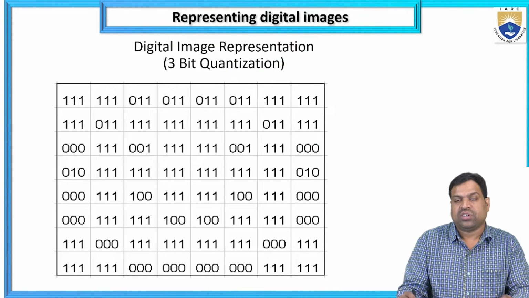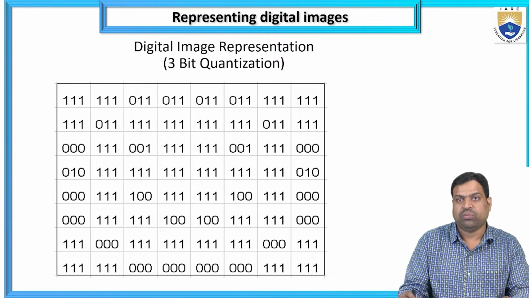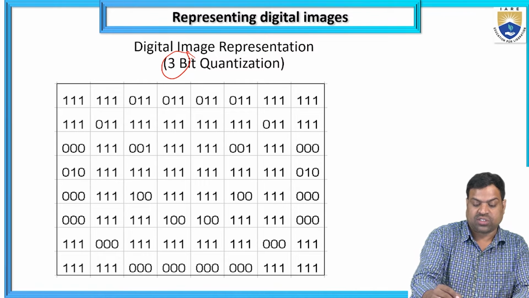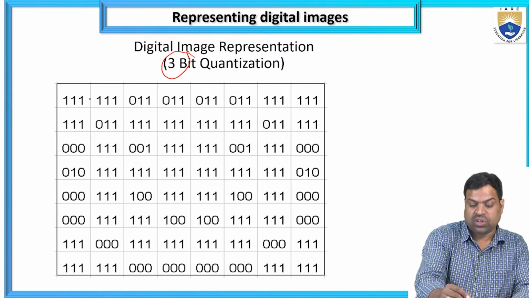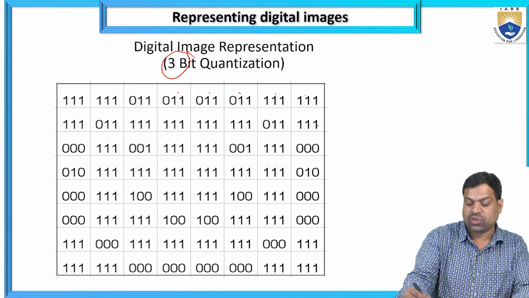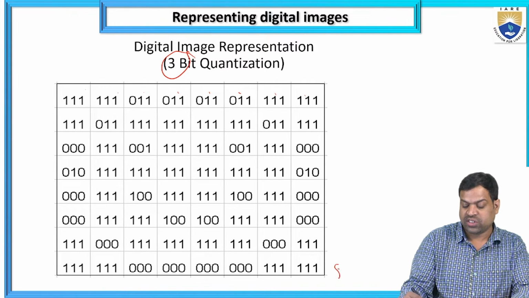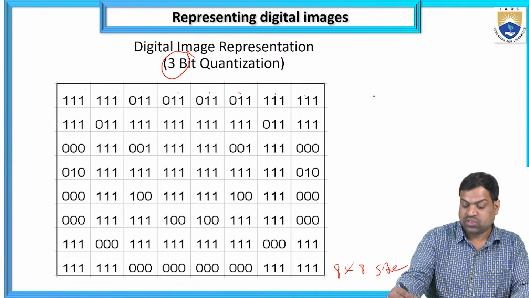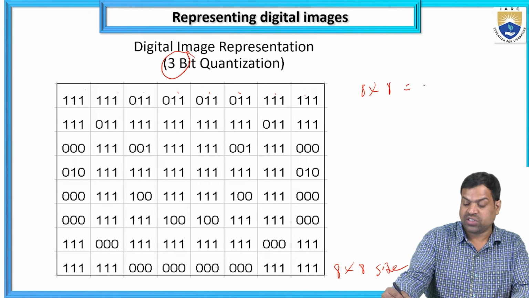Next, it is one example of representing a digital image in representation form. It is in 3-bit quantization. Suppose I am taking one example. How many are there? Here 1, 2, 3, 4, 5, 6, 7, 8. So it is 8 by 8 size, 8 into 8 pixels.